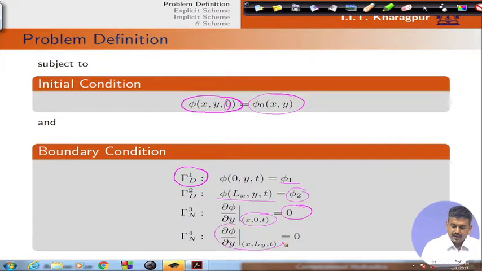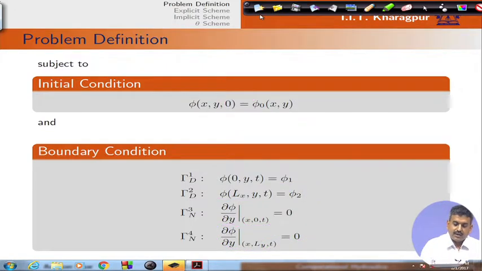Again we have y is equal to L y, that is the top boundary, we have specified value equals to 0. So, we have completely defined the problem with our governing equation, initial condition and boundary conditions.